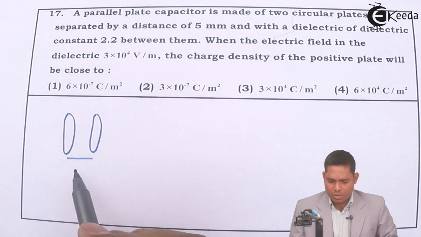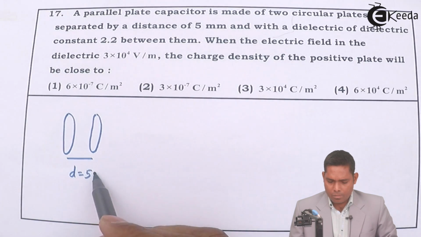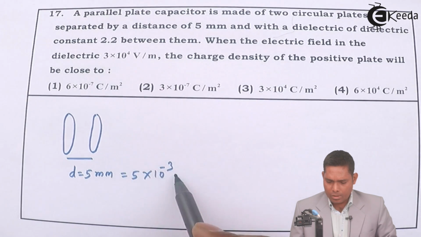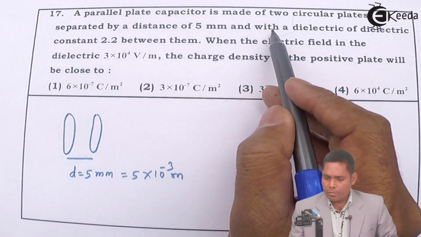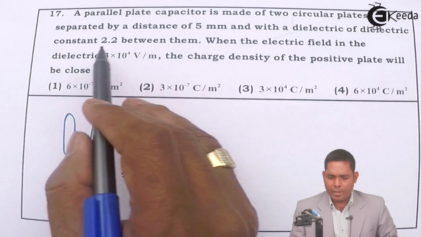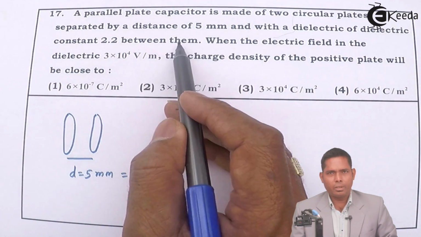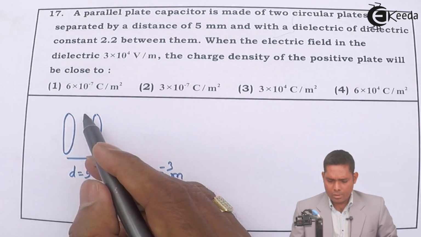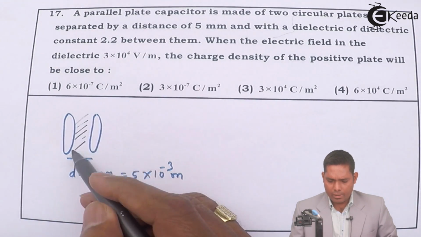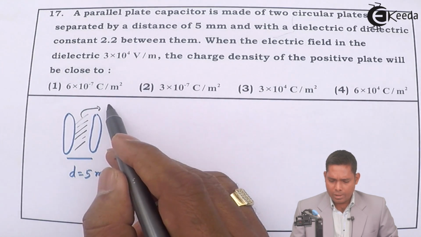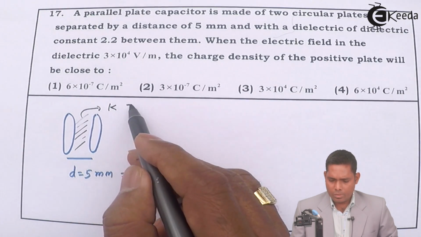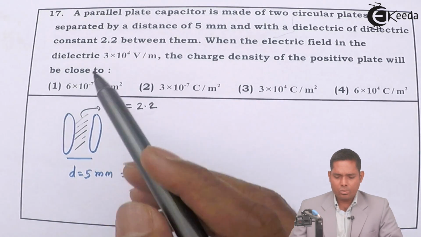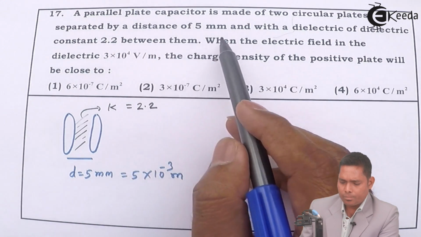So the distance of separation D is 5 mm, which is 5 into 10 raised to minus 3 meter, and the space is filled with a dielectric of dielectric constant K, which is 2.2. It is obviously a dimensionless constant, so it has no unit.